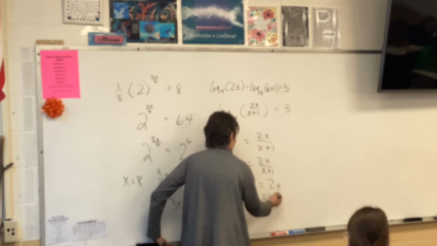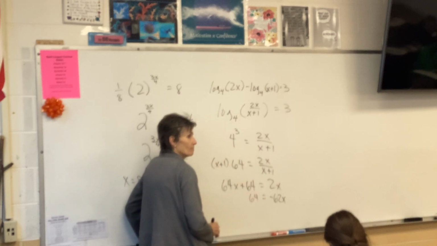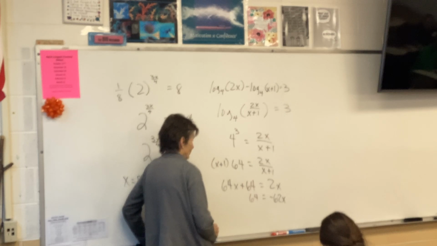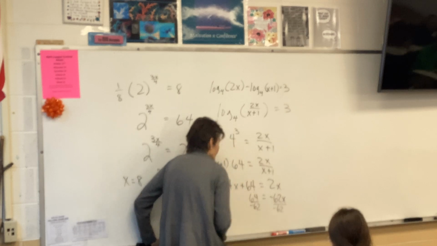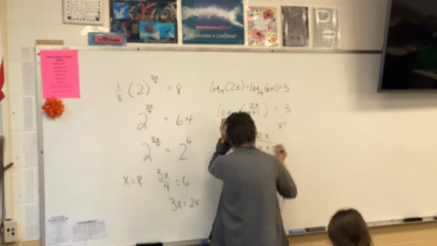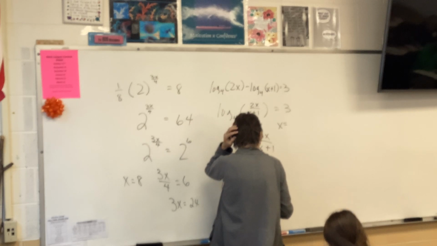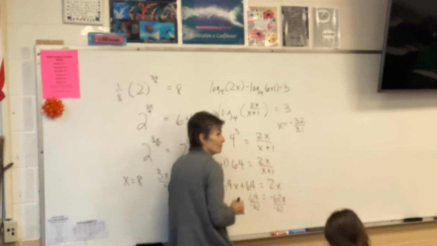So negative 62x equals 64. If I reduce that, I'm getting x equal to negative 32 over 31.